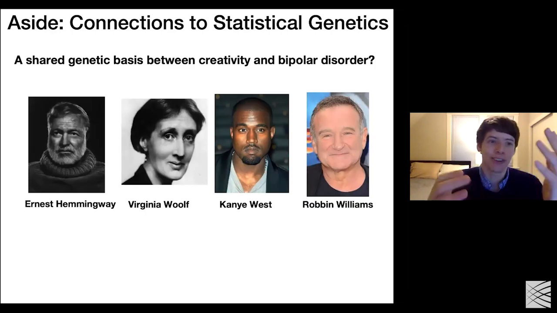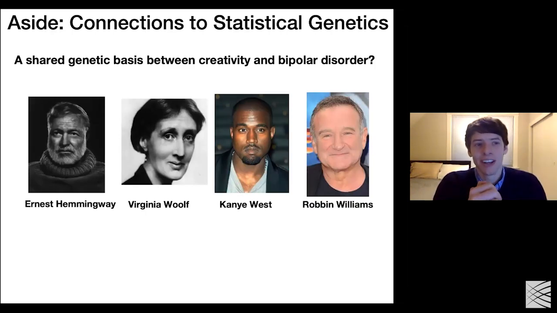A lot of ink has been spilled in particular on the question of whether there is a shared genetic basis between creativity and madness, in particular bipolar disorder. Famous examples being Ernest Hemingway and Virginia Woolf, but also more recently Kanye West and Robin Williams.